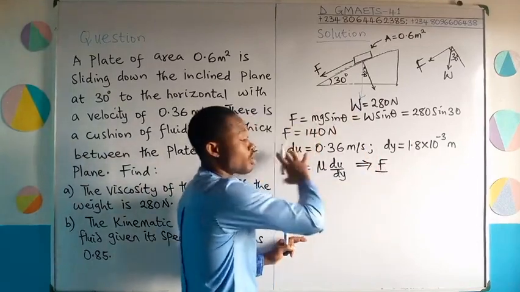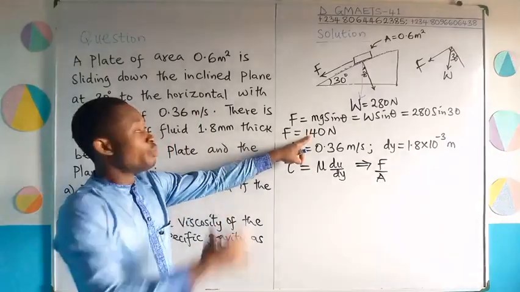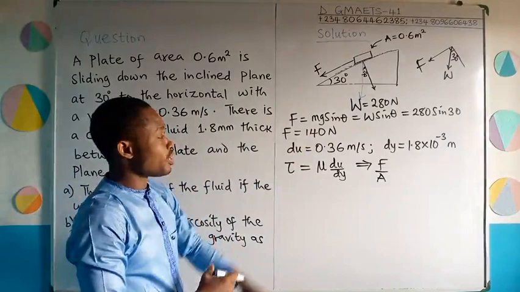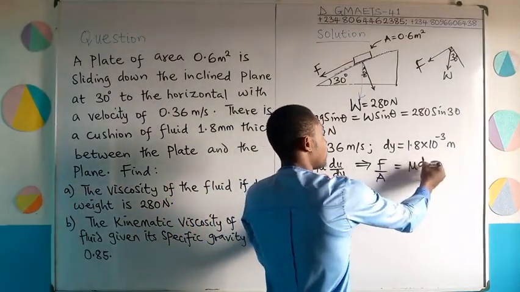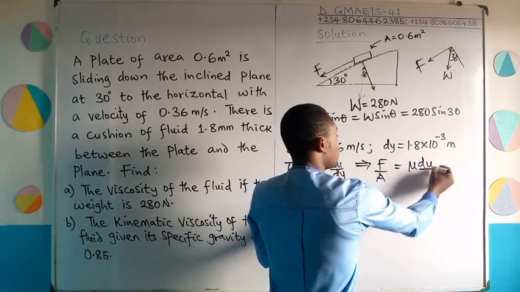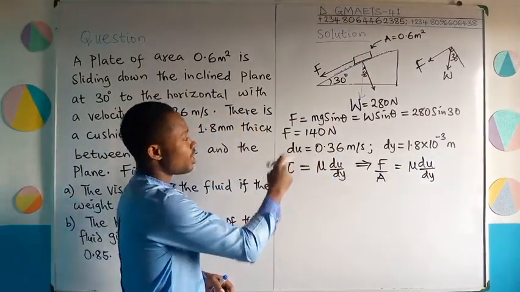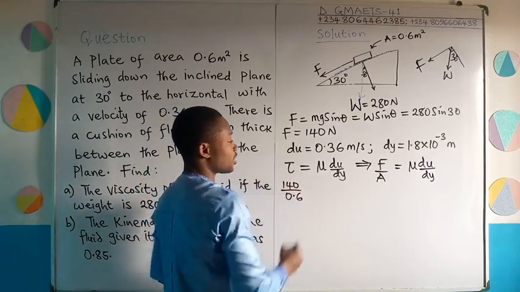Because of the data given to us in this question, we need to break it down to force over area. We know the force pushing the plate down the plane, and of course, we know the area of the plate, 0.6. That's going to be equal to the viscosity times velocity divided by thickness. If I substitute my values here, the force is 140 divided by the area, which is 0.6.